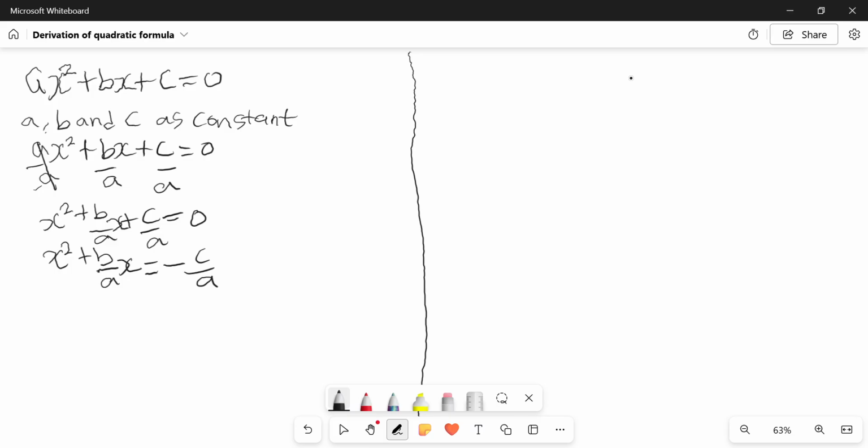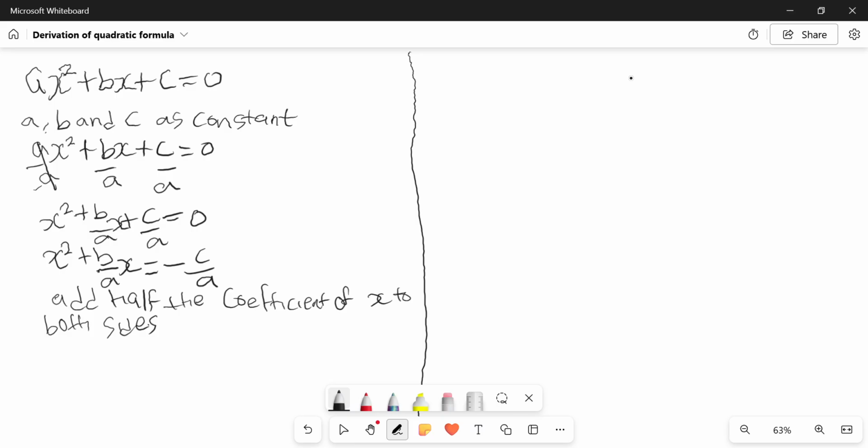Since we have this, the next thing for us to do is to add half of the coefficient of x to both sides, which means you're adding half of the coefficient of x to your left hand side and to your right hand side.